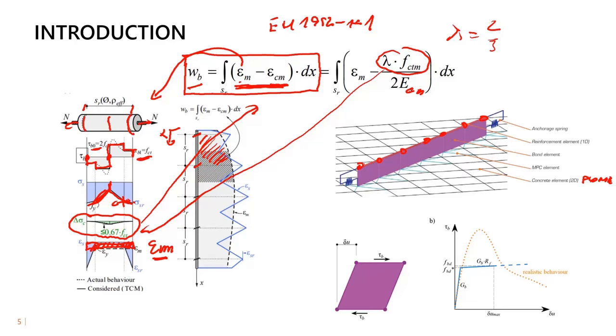Thanks to the fact that the reinforcement bars are modeled independently from the concrete, we are leveraging a bond element that has some initial stiffness and also some limit tau characteristic K, which is the bond strength, and also has some GB, the shear stiffness.